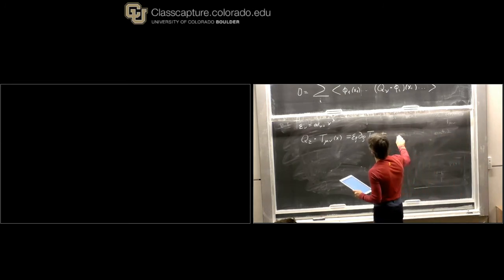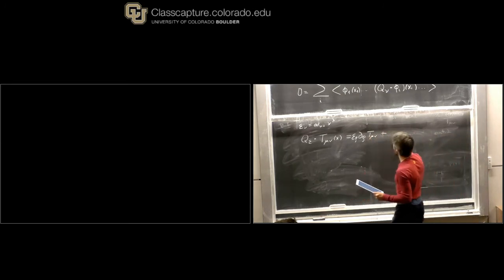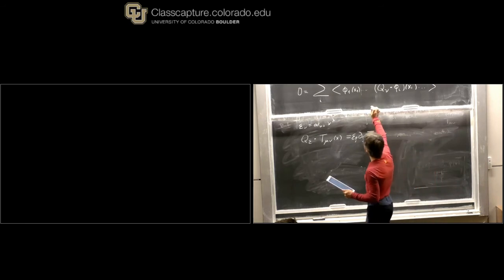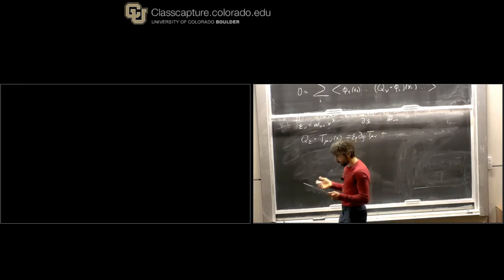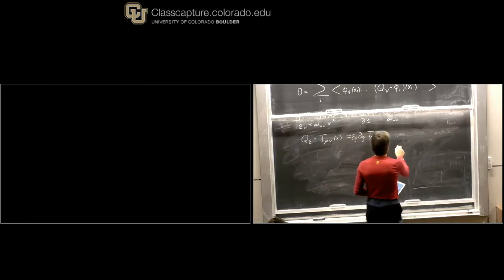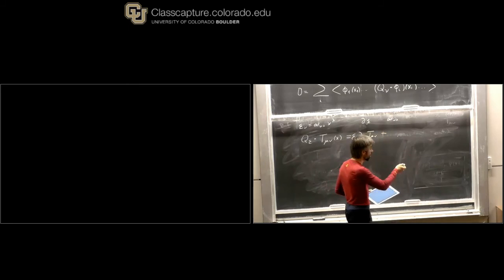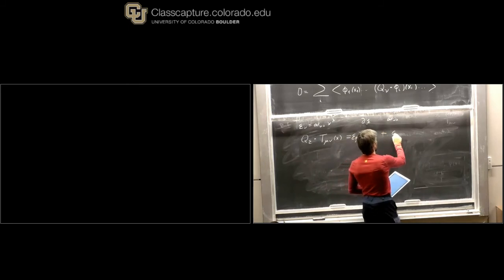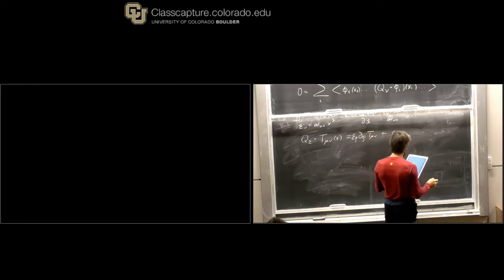Plus I will have some more terms, and these terms are proportional to d epsilon, and d epsilon is omega nu lambda. So I will have terms which have to be proportional to omega. So which terms can I write down? They have to be linear, of course.